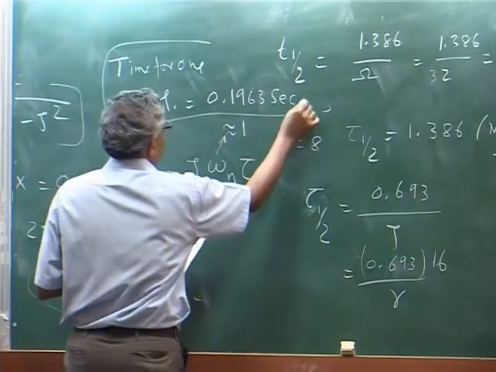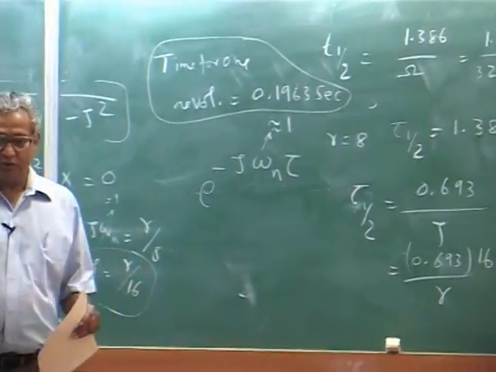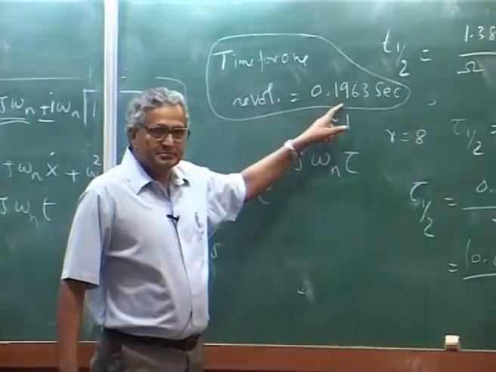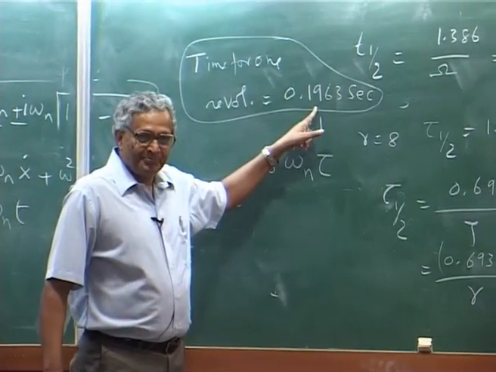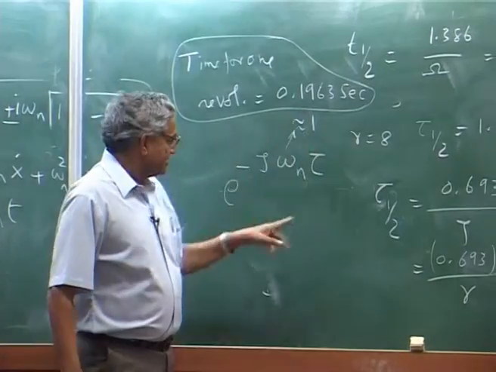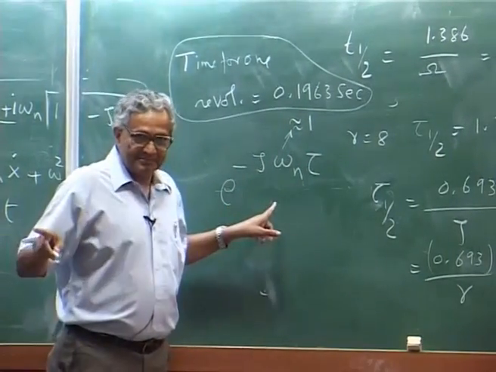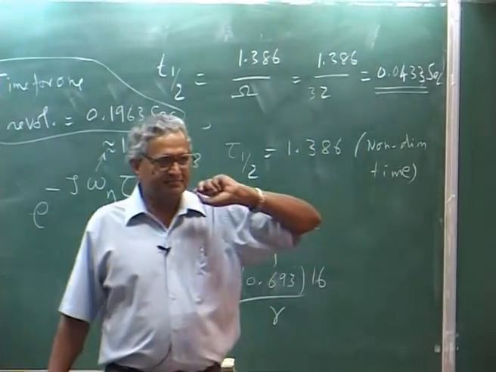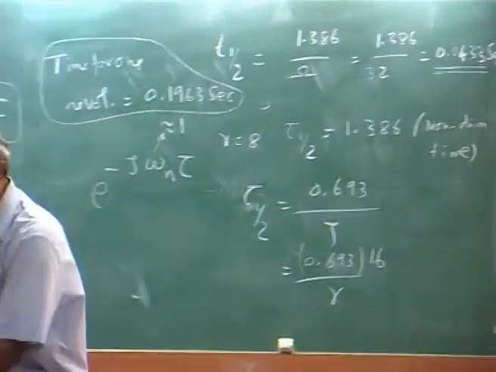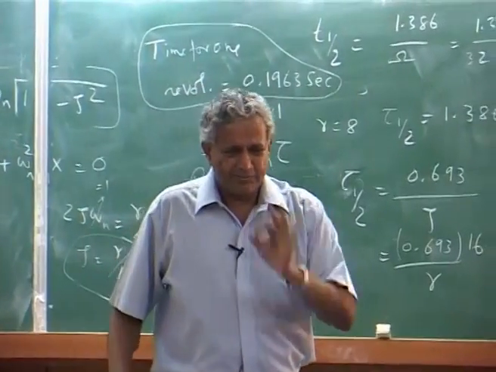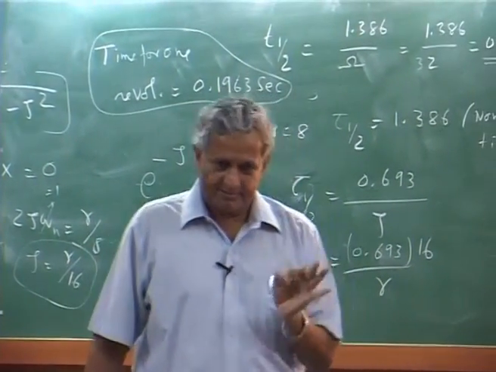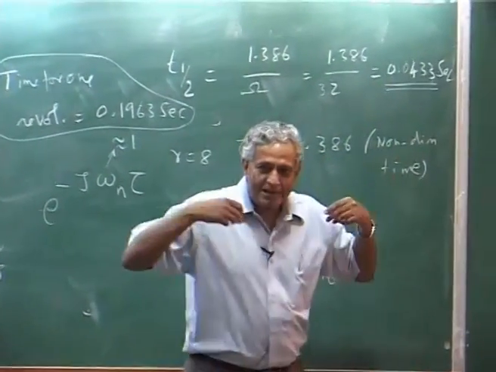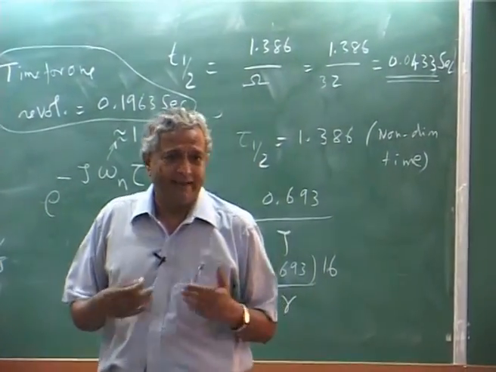So, for the blade to go around once, it is around 0.2 seconds, whereas the amplitude decay happens in 0.04, which means the time constant is really very small, in the sense it quickly reaches its value.